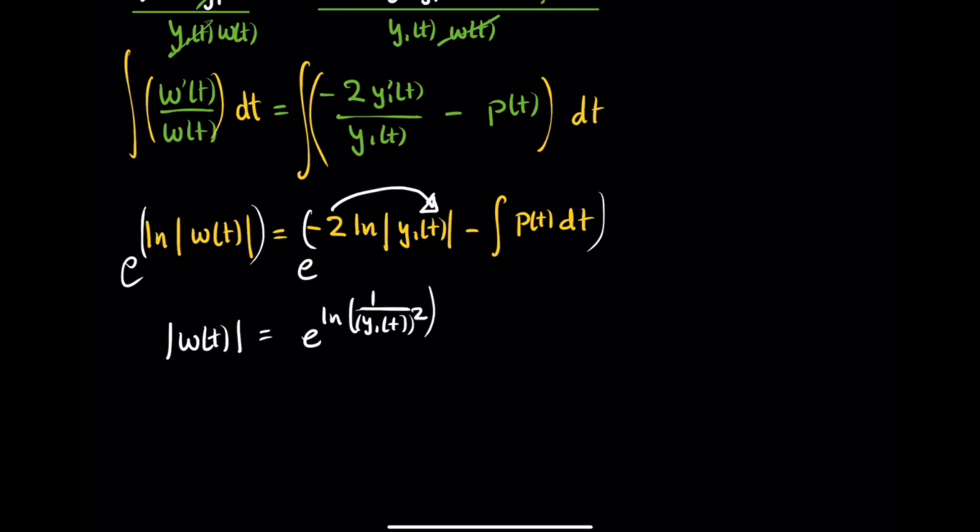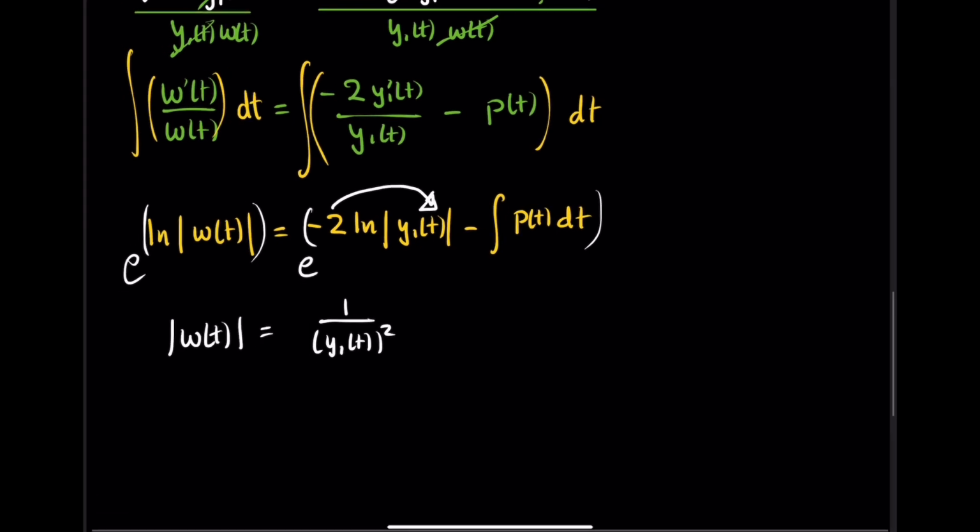Anything of the form e to the ln simplifies to whatever's in the argument of ln, so we can rewrite this as 1 over y1(t) squared, and then e to the minus integral of p(t) dt.